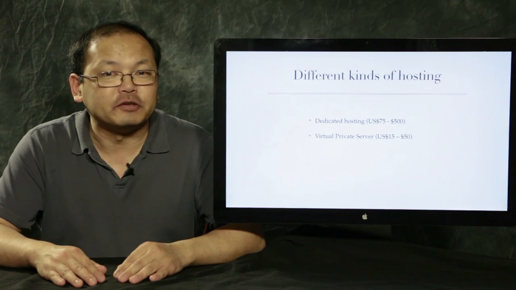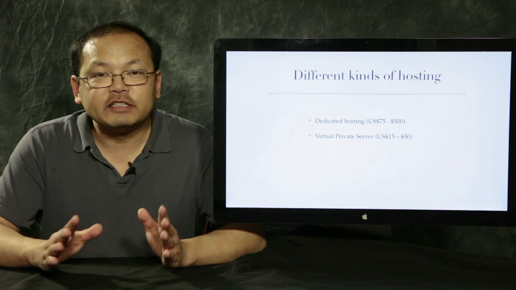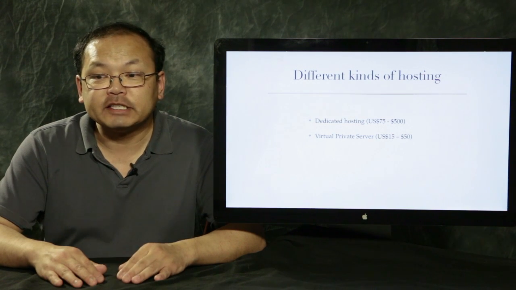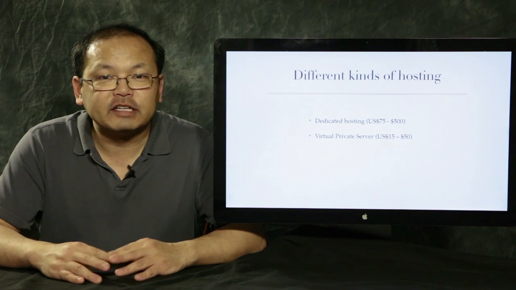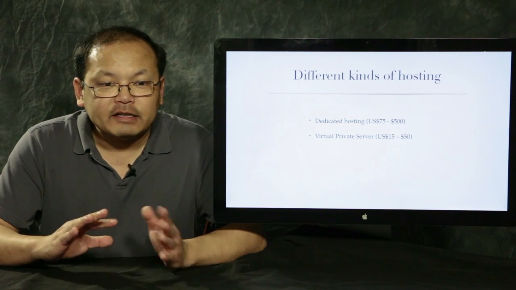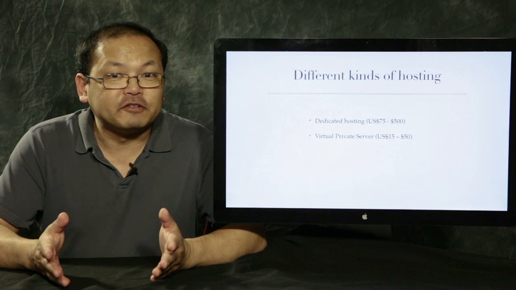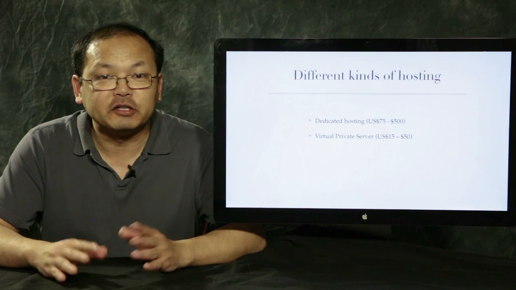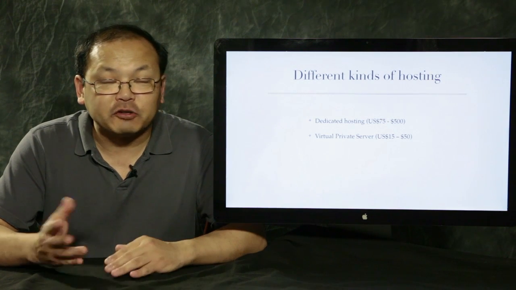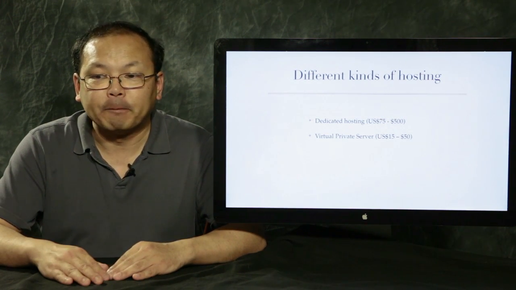Probably that's about the most. So it gives you a nice combination of price and performance. About the minimum I've seen is about $15 per month, up to about $50, but depending on what kind of server you get and how many you're sharing it with, the costs vary quite a bit. You can probably find them for cheaper than $15 or way more than $50 per month.